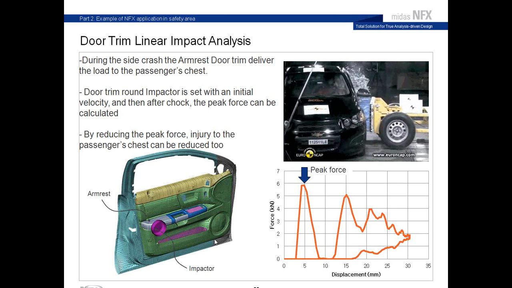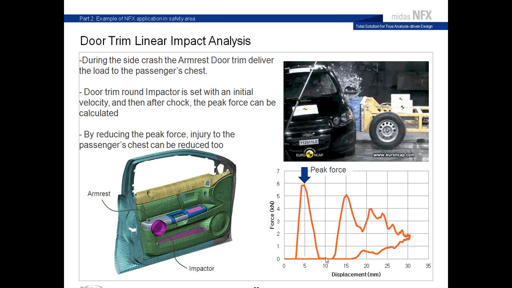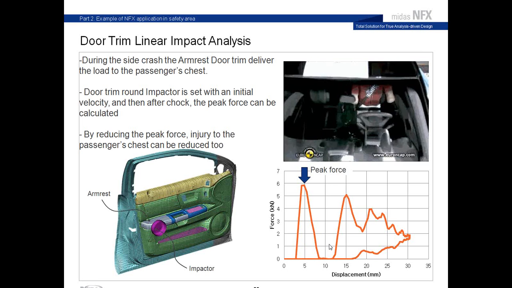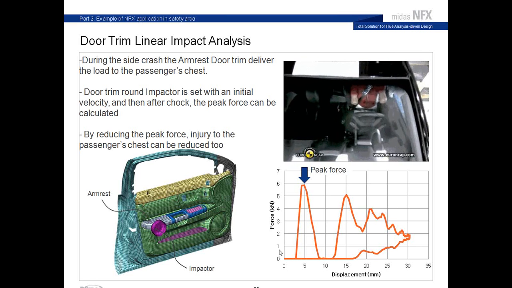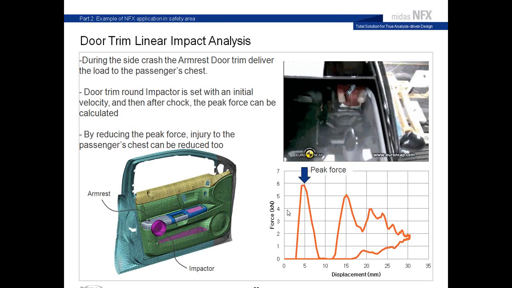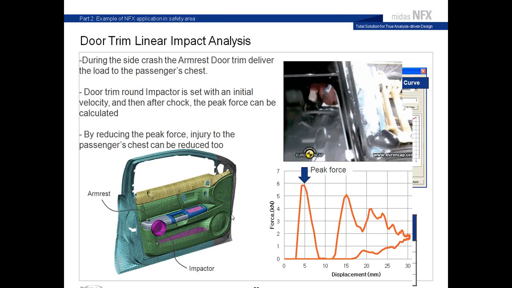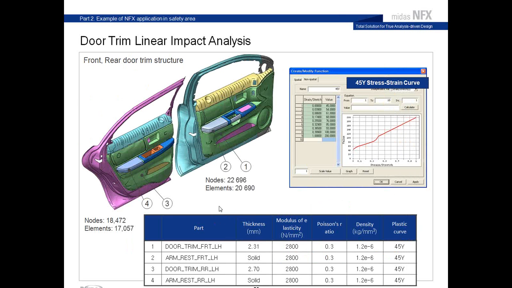The peak force will be registered when the impact happens, and the value of this peak force will tell you if the system is secure enough or not. Here you have the different parameters which are taken. Here the same plastic curve has been used.